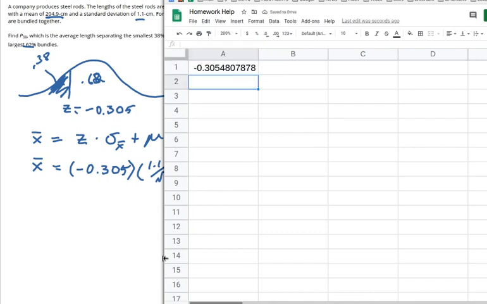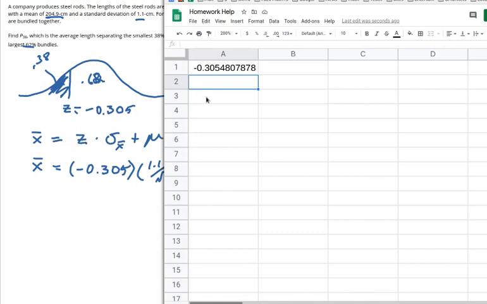And you can see that gives me the z-score that we used earlier. And again, I could round that to 2 decimal points and use negative 0.31. Negative 0.305 is also a good estimate. All right, now I can convert that into an x bar, an average length, using the formula we did before.